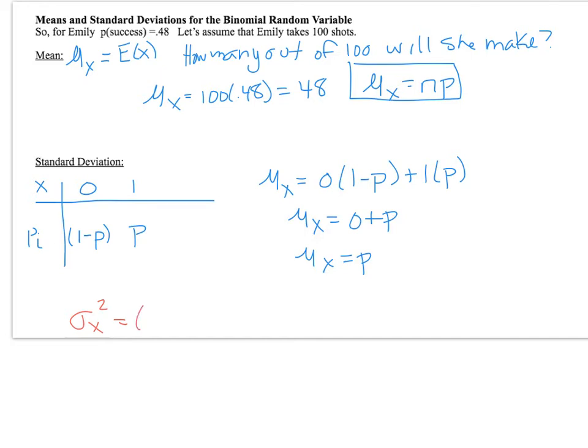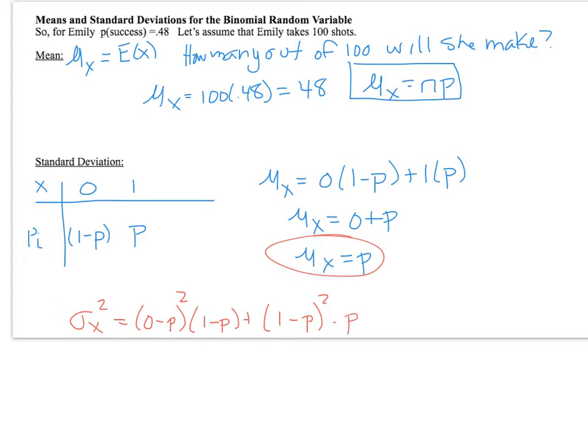So for the first value of 0, I would have 0 minus the expected value p that we just got, squared, times its p sub i value of 1 minus p. And I would add to that the other value of 1 minus the expected value of p, squared, times its probability, which is p.